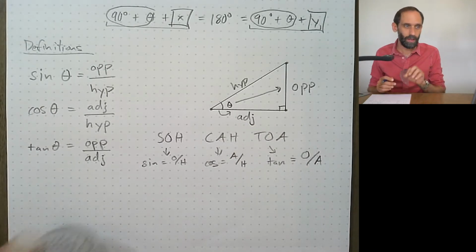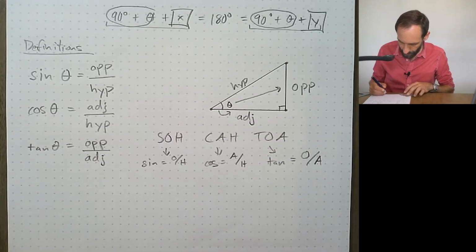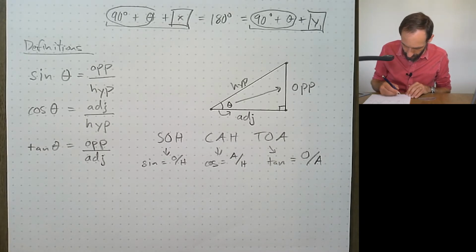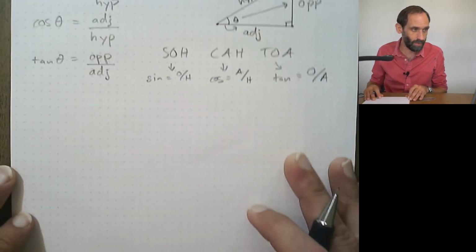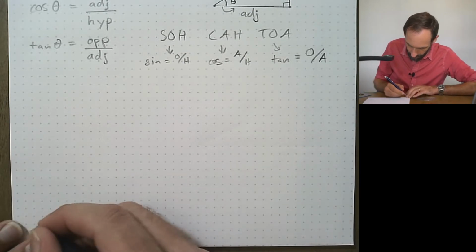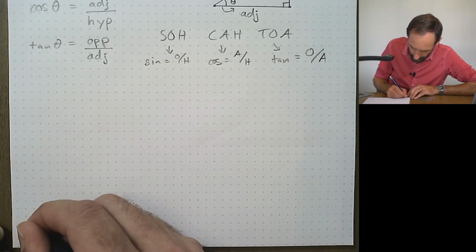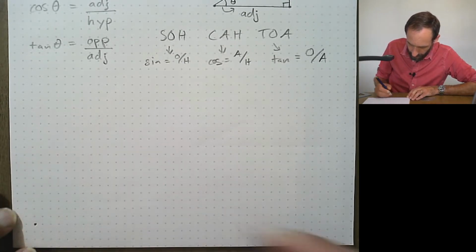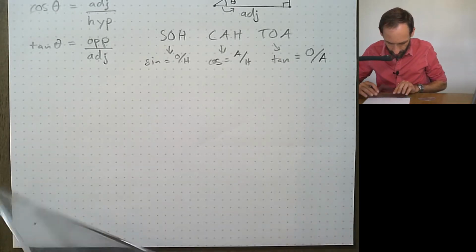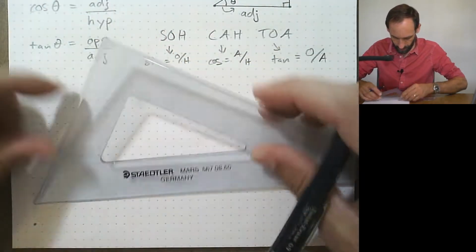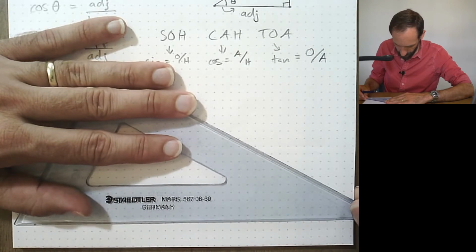For that, I'm going to need my protractor. Let's make it fairly large here. I'm going to move this paper up, and I'll draw a nice long line across my paper here.